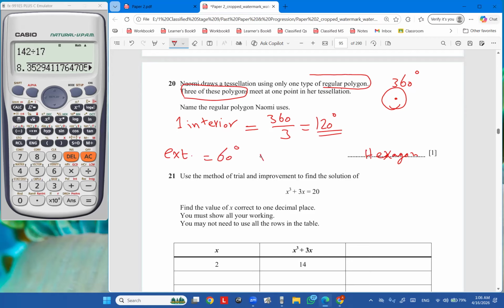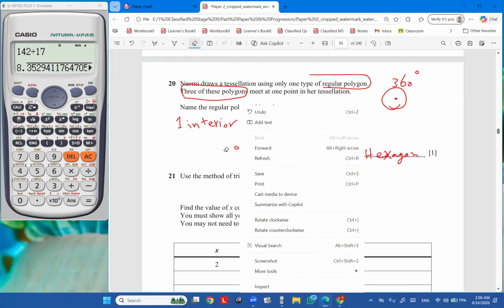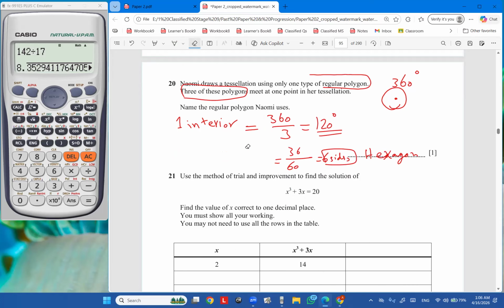We know that n equals 360 over the exterior angle, which is 60. It is going to give you a shape with exactly six sides, which is a hexagon. But actually, you do not need all of that. All you need is just to know that once it is 120 degrees, this is a hexagon.